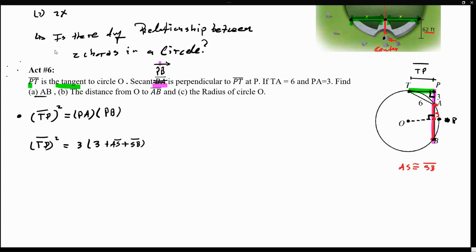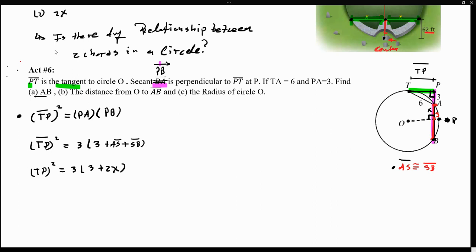So notice that if I add these 3 line segments, I definitely have the whole length. But don't forget that AS is congruent to SB, which I'm just going to represent with a value of X. So now we have 3 plus 2x, because every line segment, at least AS and SB, since they're equal, I'm just going to represent it with an X.